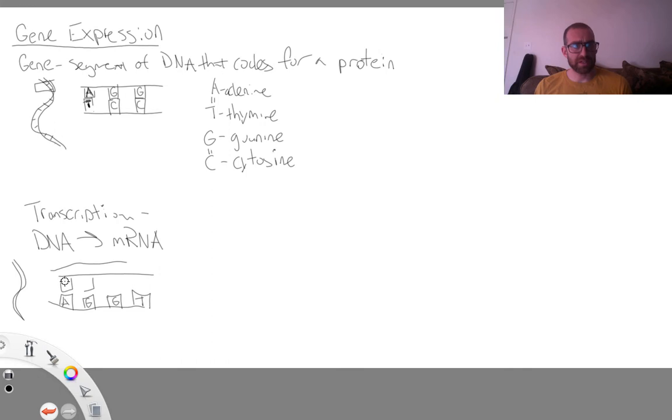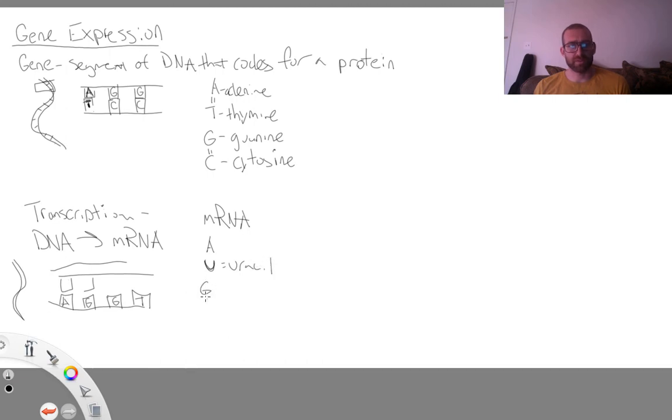So a thing that I should make a note of here is that our messenger RNA, mRNA, has adenine. It does not have thymine. It has a different molecule called uracil.